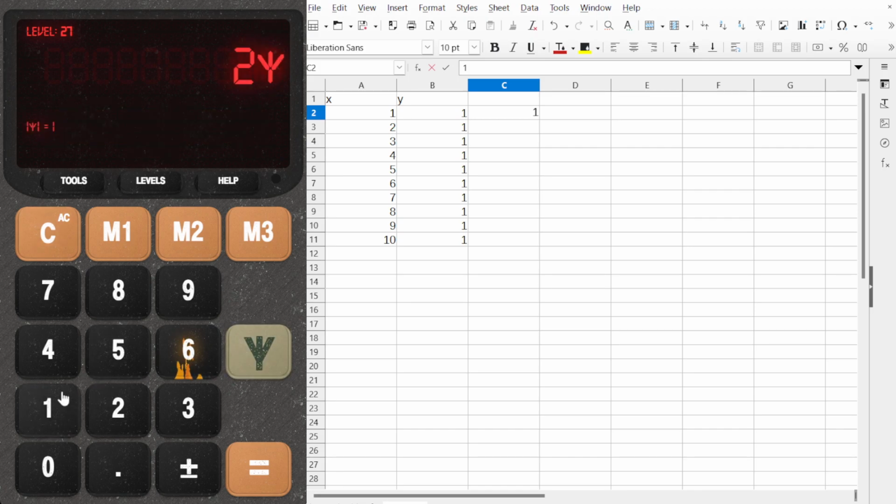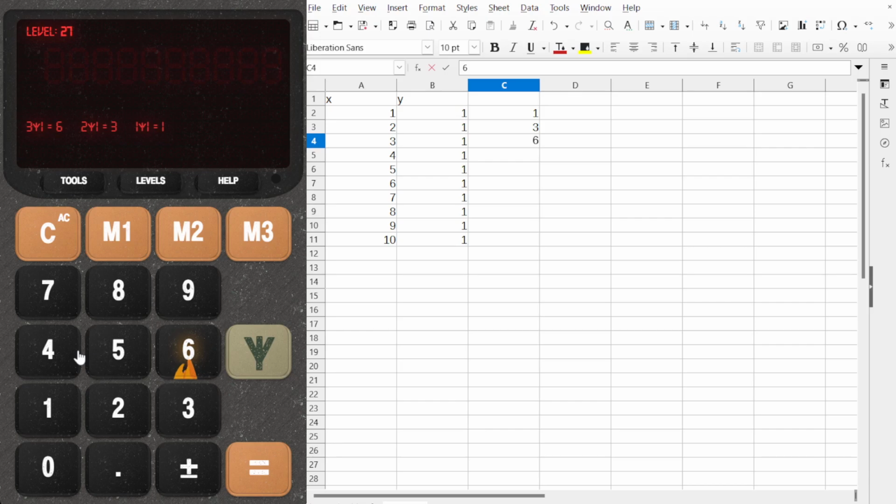2 psi 1 is 3. Okay, this looks like addition, and the first one looks like a Boolean operator. So if the two are equal, then it will give out a 1, or maybe it will just give out a value equal to the one we inputted. 6, okay.